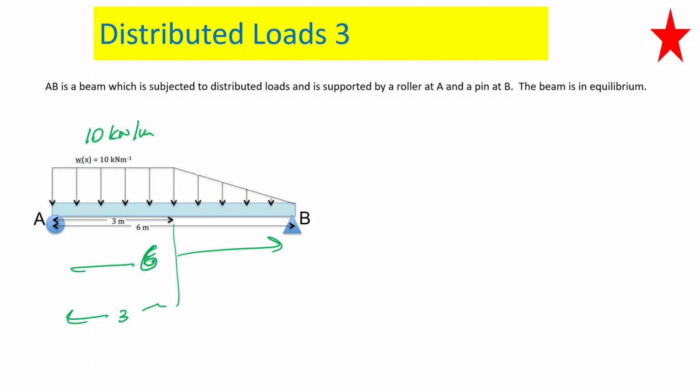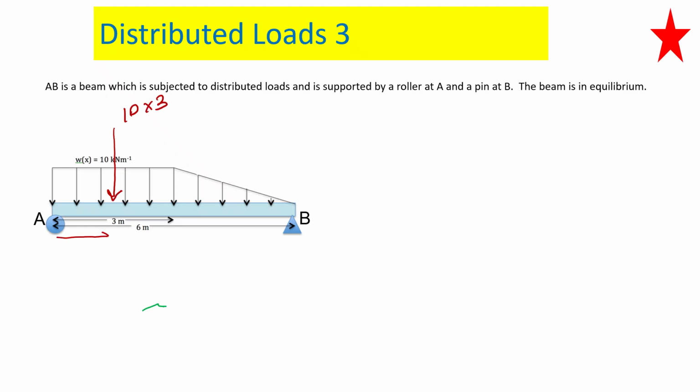Okay, first we need to convert this to two forces. So how do we do it? So this will be 10 times 3 and acting at 1.5 meters. Am I right? And this one is half times 10 times 3.